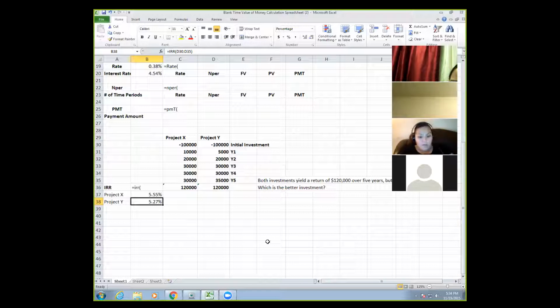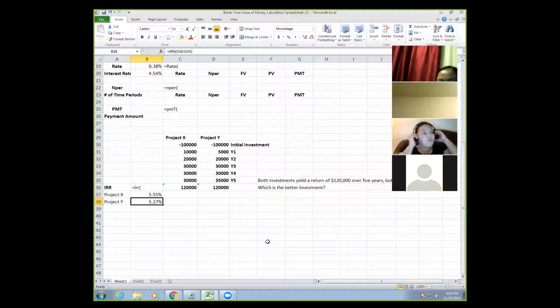So you sort of highlighted the reason why Project Y has a slightly lower rate of return, because you get less money in the near future and more money further out. Whereas Project X, you get more money in year 1 and less money in year 5. The reason that causes it to be lower is this whole compounding thing.